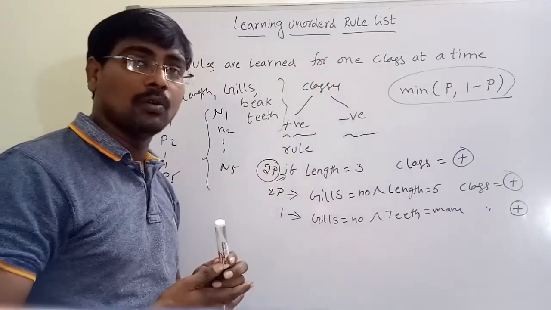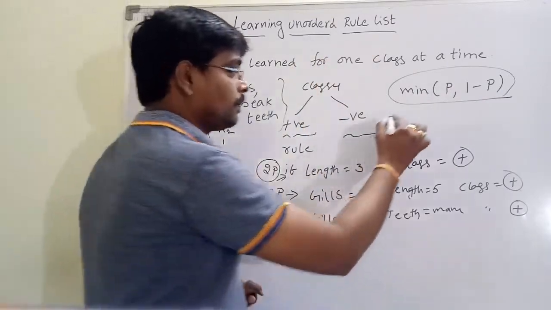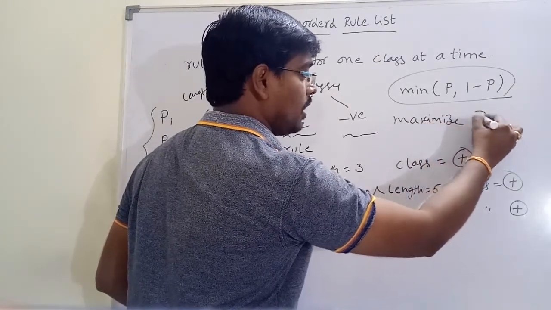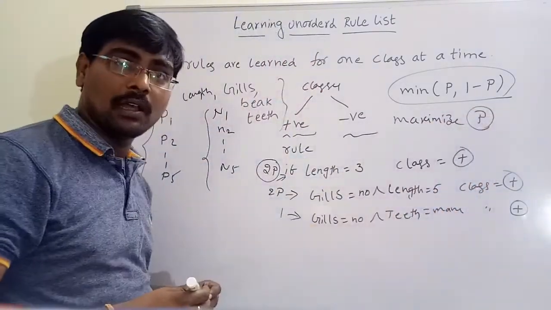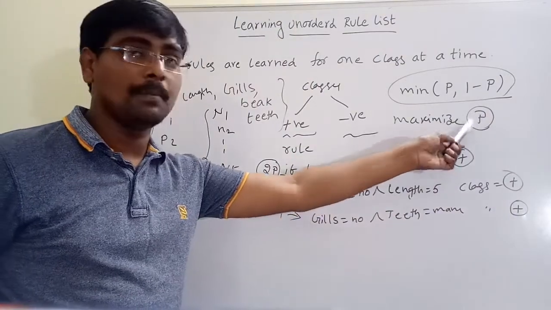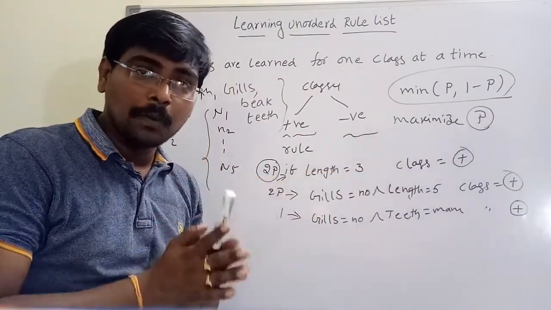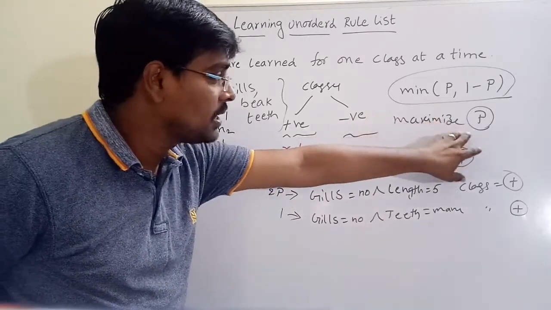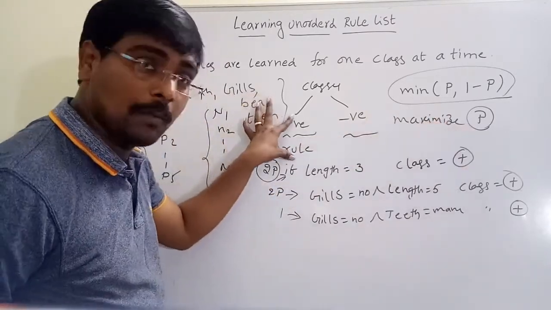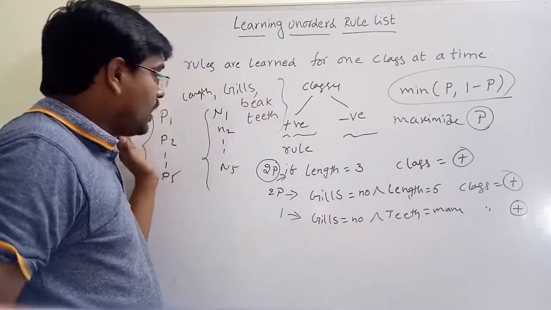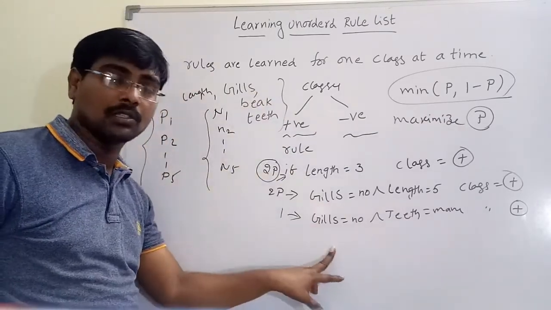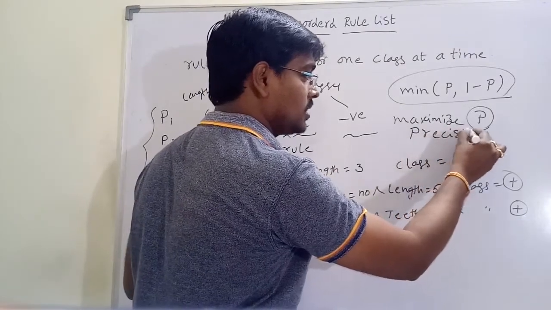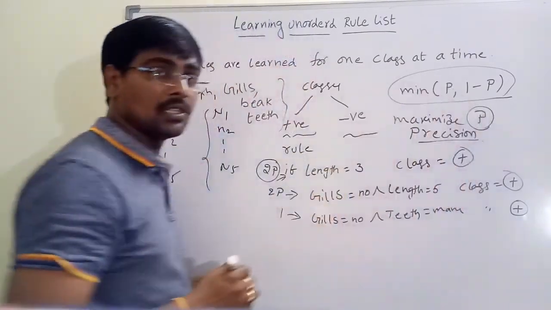But in the unordered rule list, we move to maximize the p value. We already know what p is: p is the empirical probability for the positive class. That means we are maximizing the empirical probability for the positive class, meaning more examples are covered by this rule, and this is called precision. Here the measurement we are using is precision.